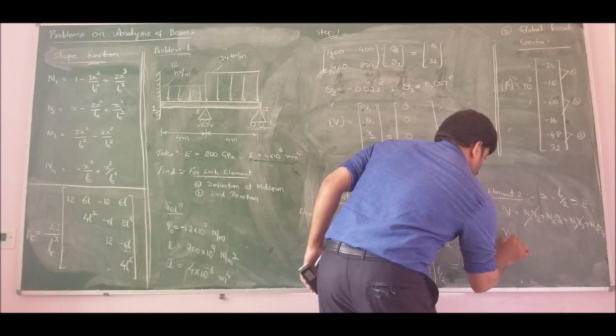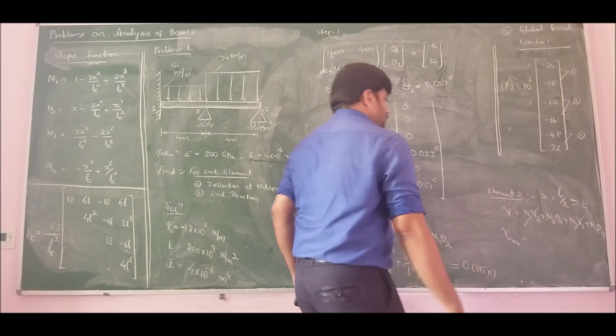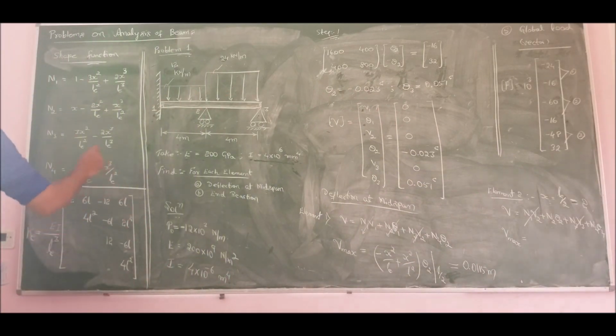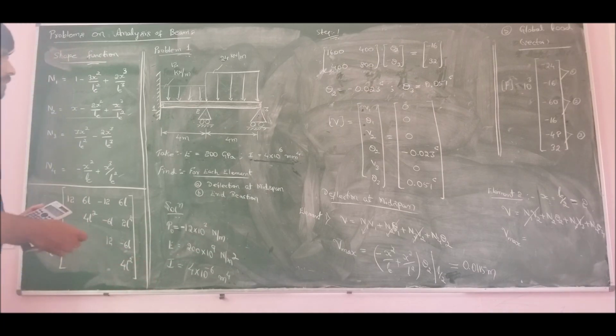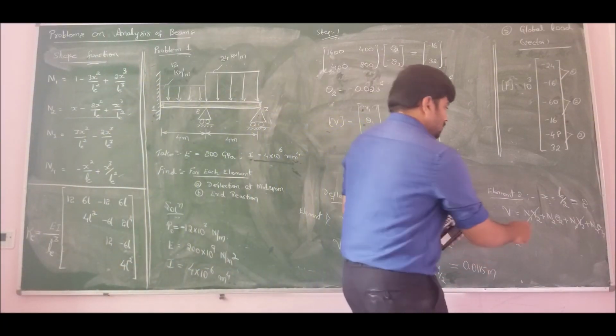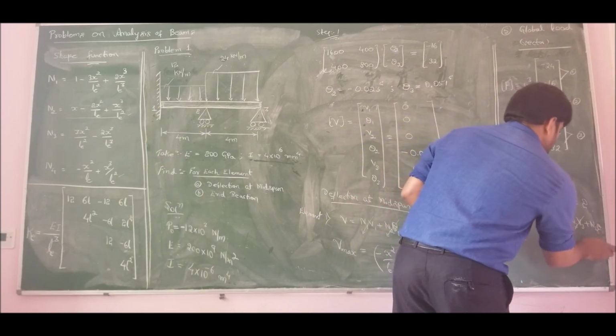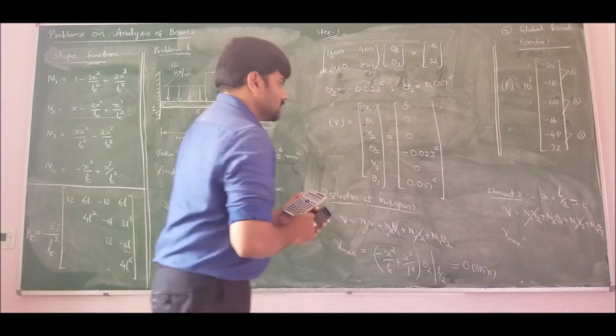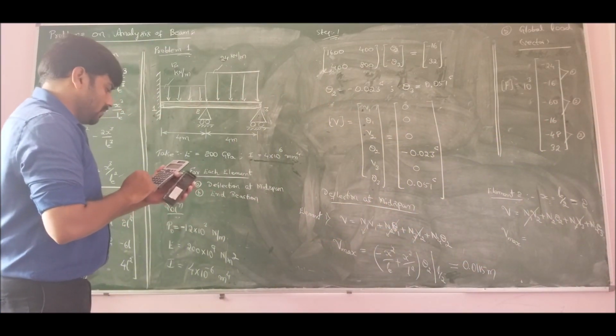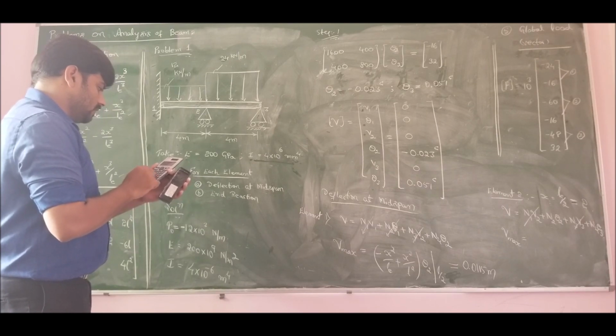So therefore, Vmax is equal to N2. So the value of N2 is known to us and N4 is also known to us. So using N2 and N4, substituting x is equal to 2 and multiplying theta 2 and theta 3, I will get, sorry, make the correction, it is theta 3. So theta 3 is 0.051.